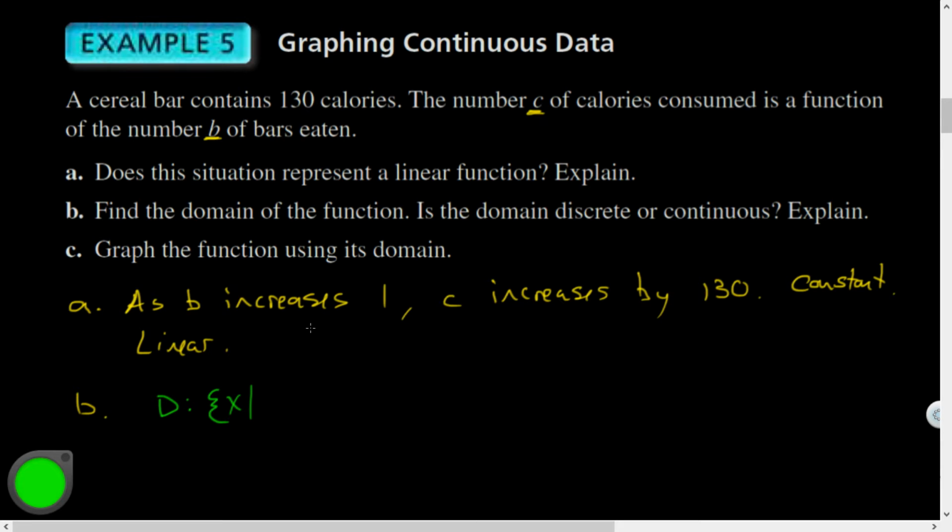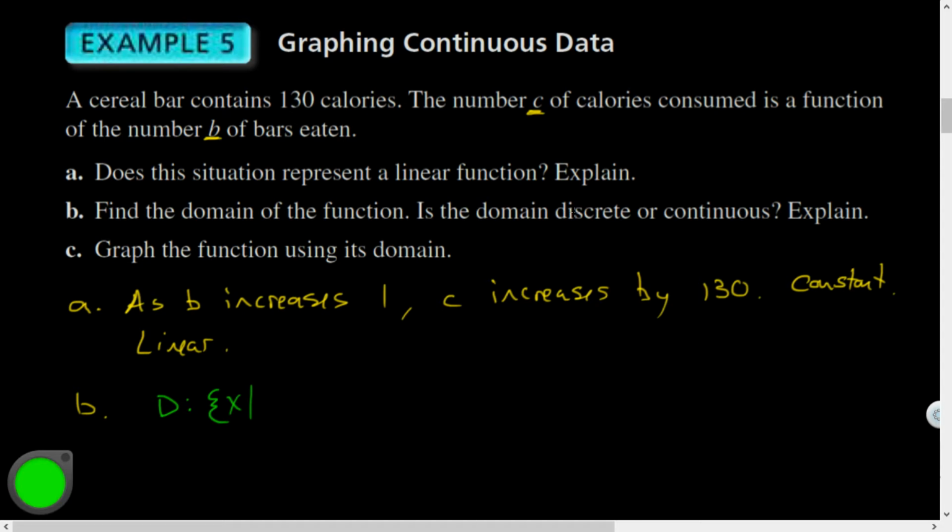Well, I know maybe according to my self-control, no, but theoretically 0 bars is a perfectly good number of bars to eat. Can I eat negative cereal bars? Well, no, I'm going to just say no. Even if I was to throw one up for some reason, I would have had to have eaten one at some point. So hopefully it's not ever going to be negative.